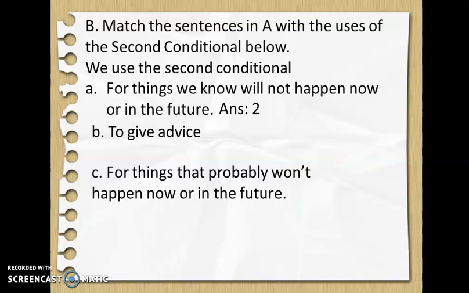To give advice is which sentence? Number 3. If I were you, I would eat healthier. For things that probably won't happen now or in the future, the answer is number 1. You would be more relaxed if you did yoga.